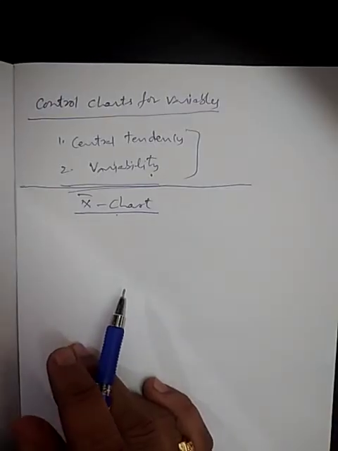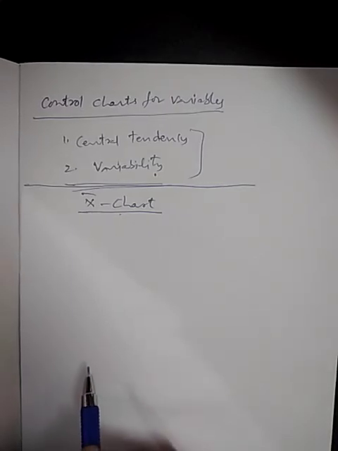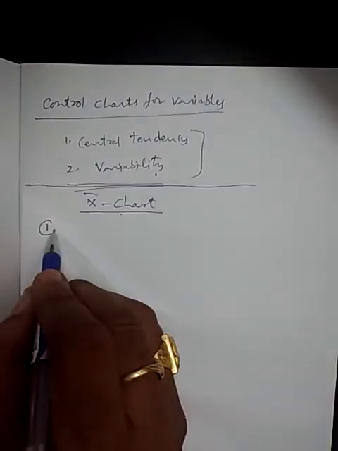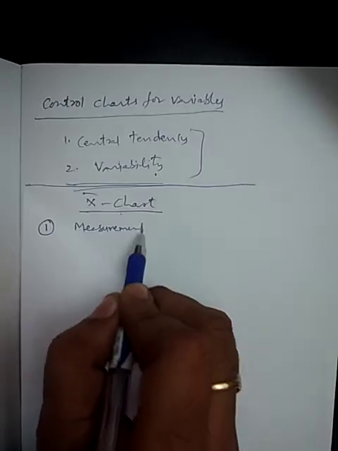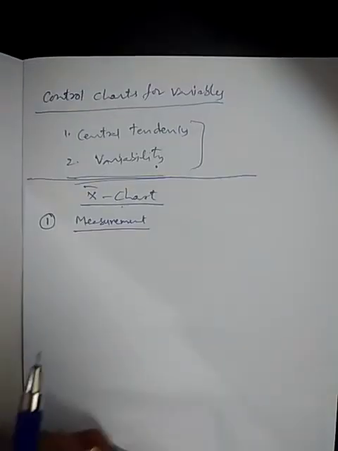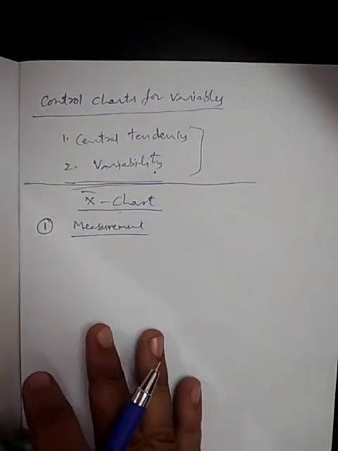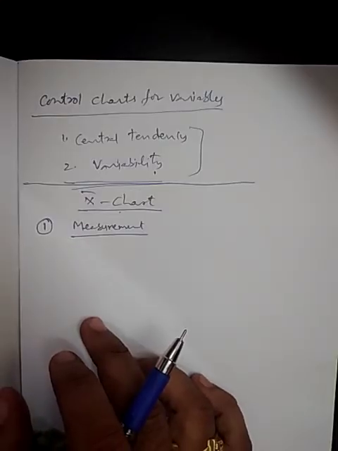What are the important steps in the construction of the X bar chart? We have 6 important steps. First point: measurement. What is this measurement? This is the common step in the construction of any chart, either X bar chart, R chart, S chart, or any other chart.